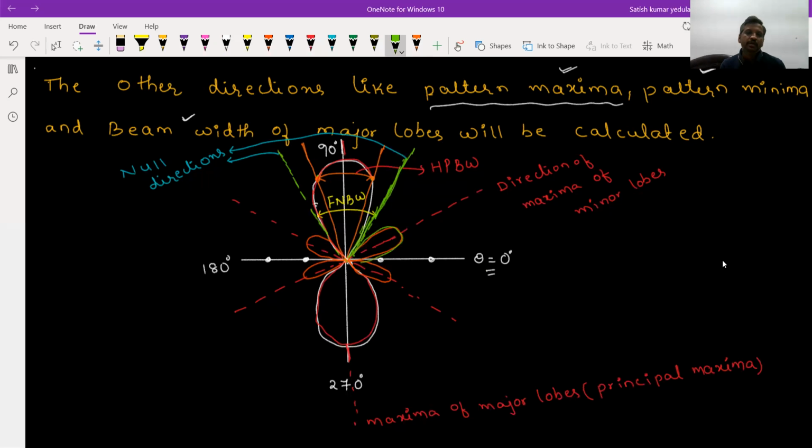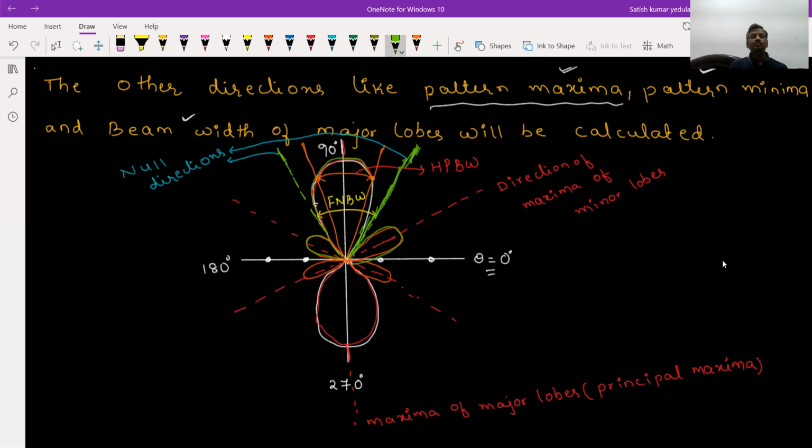This is called a minor lobe, and this is a minor lobe also. In between this major lobe and minor lobe, you will have a null direction. This is a single angle direction. This is another single angle direction in which there is no radiation. So these two are the first null directions. Why are these called first null directions? Because these are immediately adjacent to this major lobe. These are called first nulls.